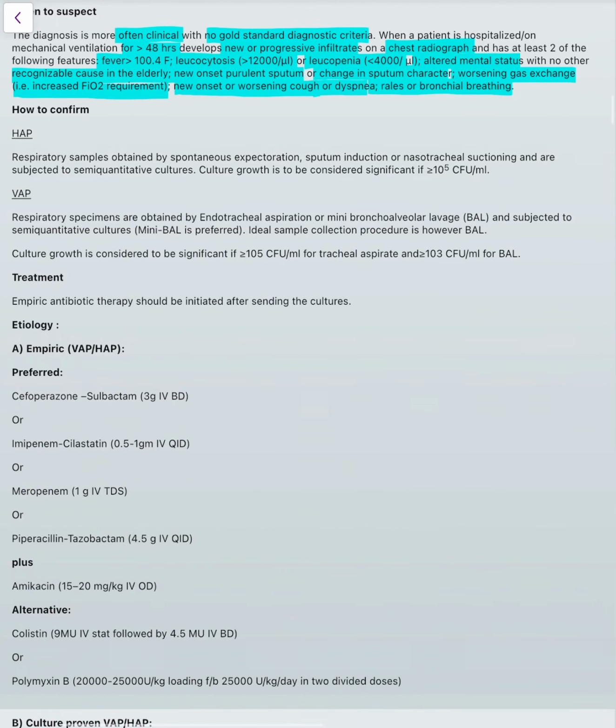How do you confirm it? For hospital acquired pneumonia, we send respiratory samples obtained by spontaneous expectoration, sputum induction or nasotracheal suctioning, and they are subjected to semi-quantitative cultures. Culture growth is considered significant only if the colonies are more than or equal to 10 raised to 5.